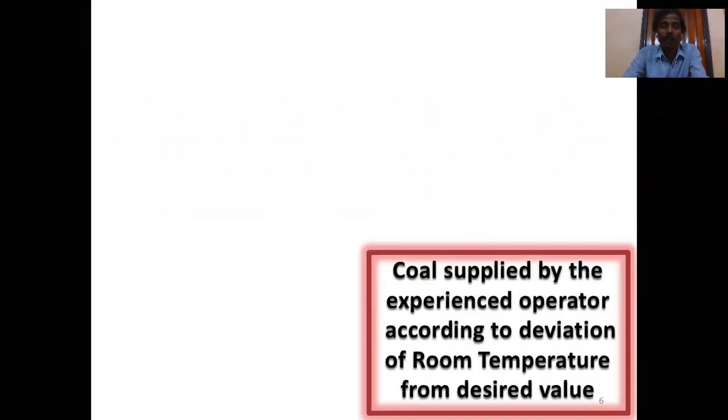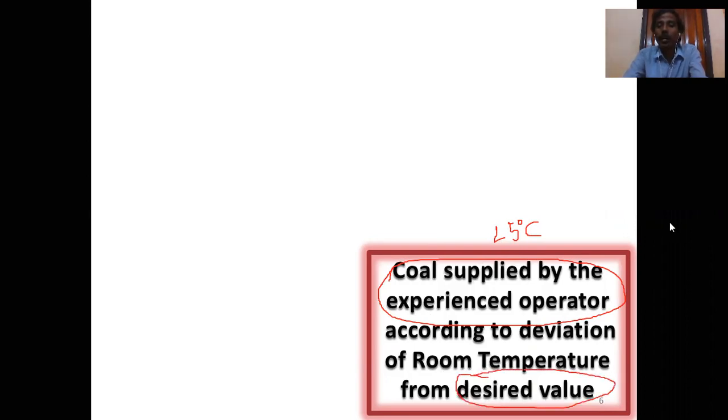What is the block diagram? Coal is supplied by the experienced operator according to the deviation of room temperature from the desired value. Suppose our required temperature is 25 degrees centigrade, and coal is supplied by the experienced operator. That's why this is manual, and this is the desired value.